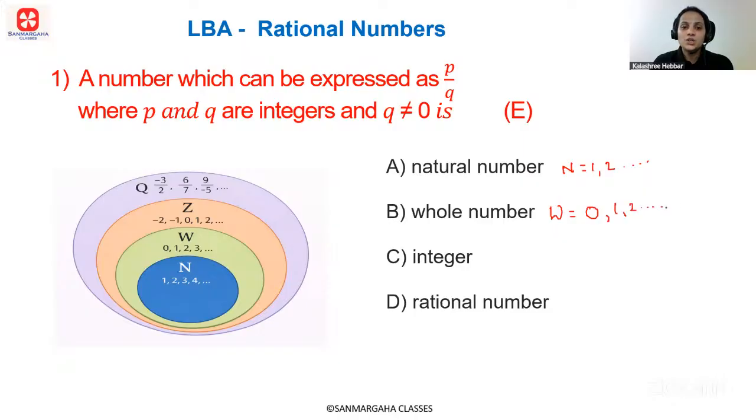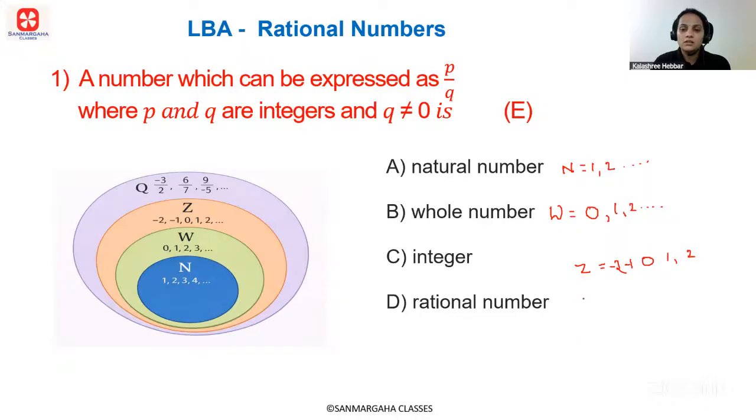Integers are usually represented as Z and include 0, 1, 2, -1, -2. So then what is a rational number?